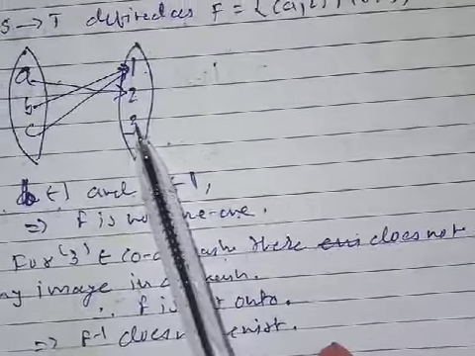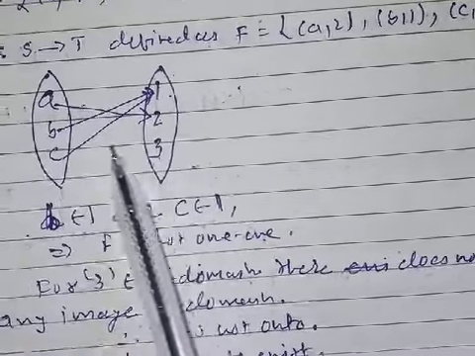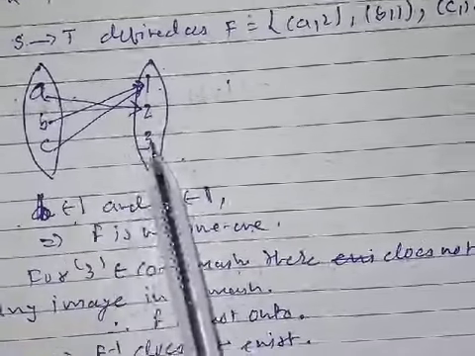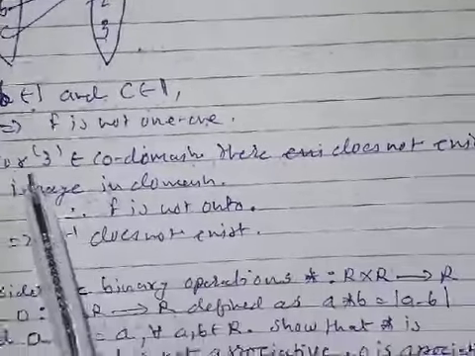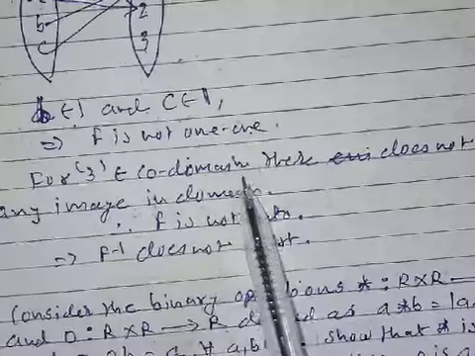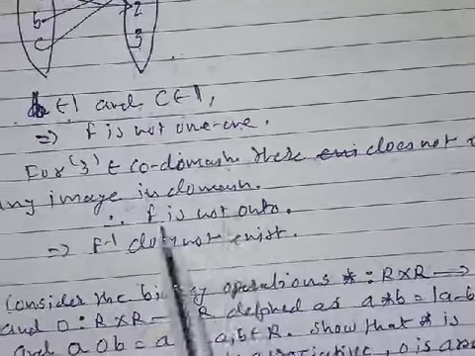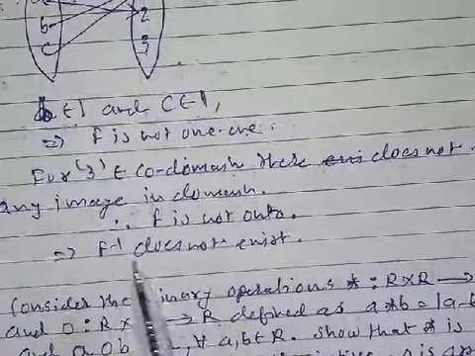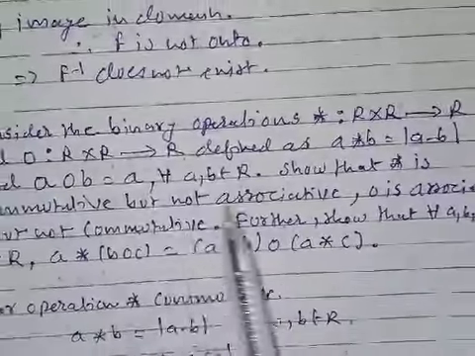We can say that 3 belongs to the codomain but there does not exist any image in the domain, and therefore F is not onto, so F inverse does not exist. Now next question.